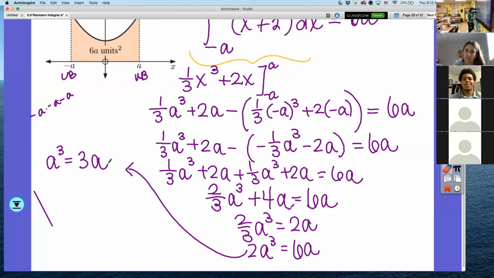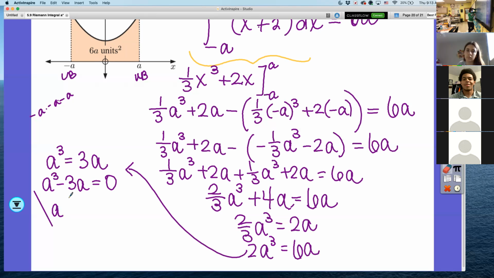Oh. You end up losing a solution when you divide. And if something similar to this was on your SAT and was asking you to find your solutions, you're going to end up getting it wrong because you lose the solution. Since you have a cubic and a regular variable, bring everything to the same side, and instead of dividing by a, factor out an a.